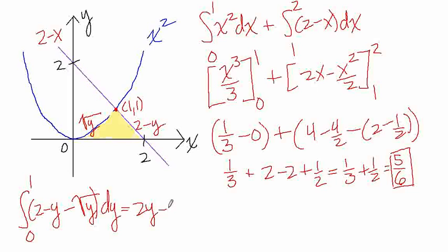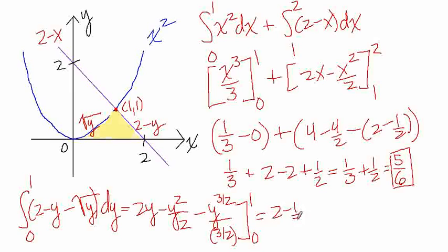So 2y minus y squared over 2 minus y to the 3/2 divided by 3/2, and we'll evaluate that from 0 to 1. Evaluating at 0 just gives 0, so we end up with just what we get when we evaluate at 1. So 2 minus 1/2 minus 2/3.